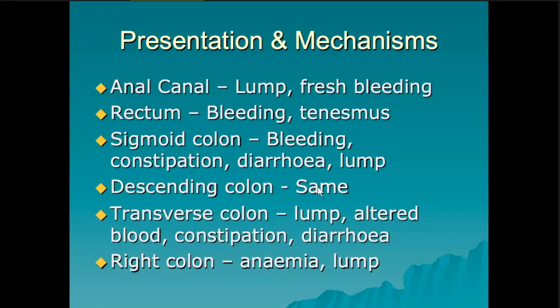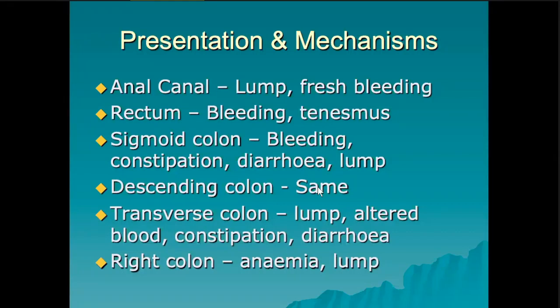Now, sometimes you can also get anal carcinomas. Anal carcinomas, if they occur below the dentate line, are usually squamous cell carcinomas. They're like skin cancers. And above the dentate line, you can get adenocarcinomas. So they can be either adeno or squamous, depending on where they arise from.